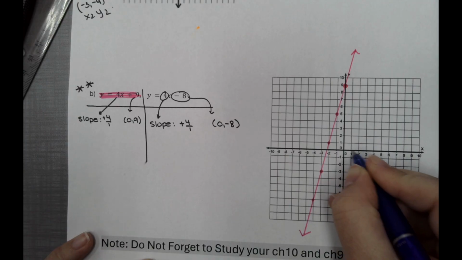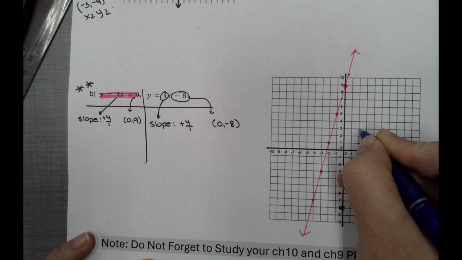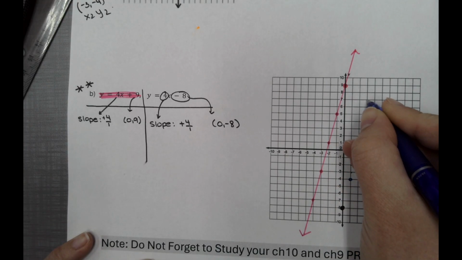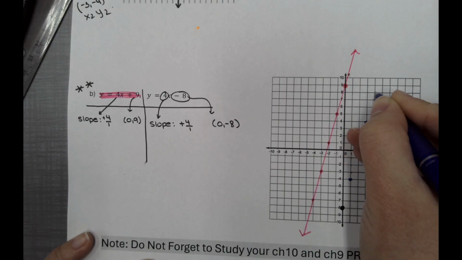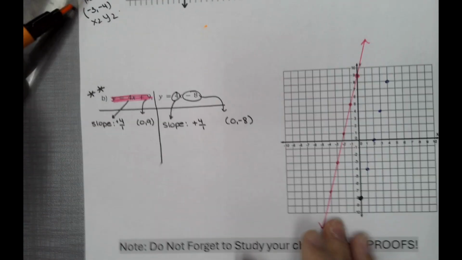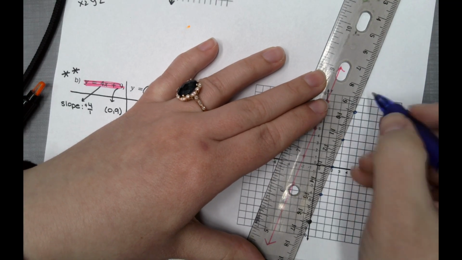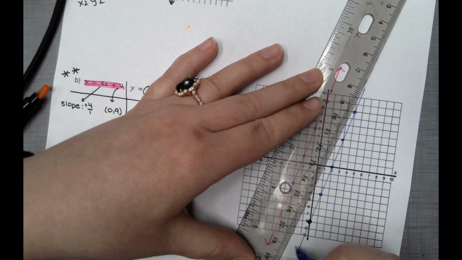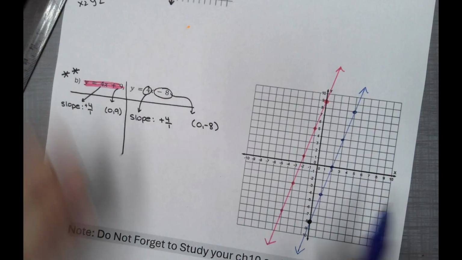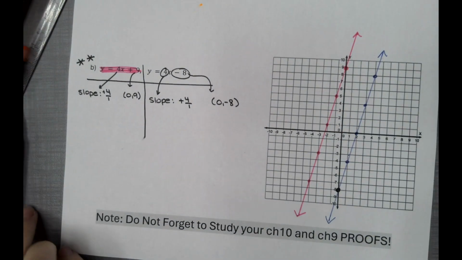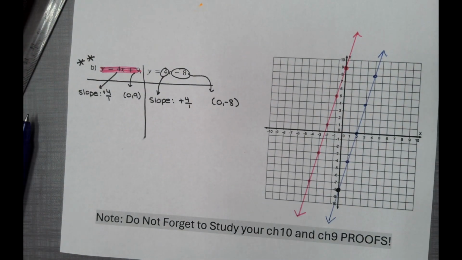Now these lines should never touch and should never cross. So if it does look like there's going to be some sort of intersection between these two lines, double check your start and your slope to make sure that you didn't accidentally make a mistake. They should never touch, never cross. And this one was blue.